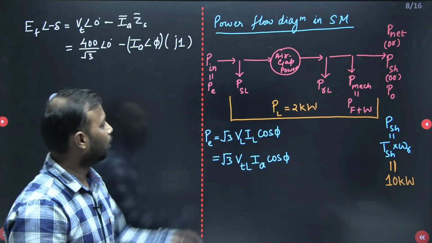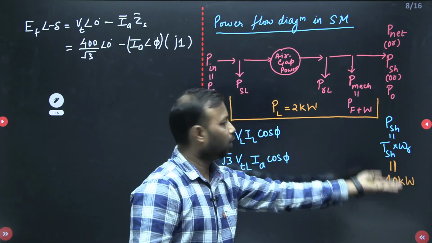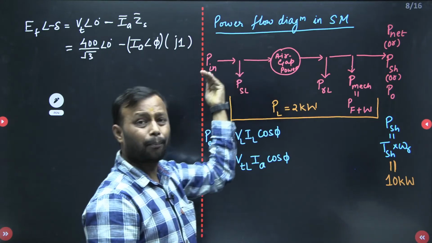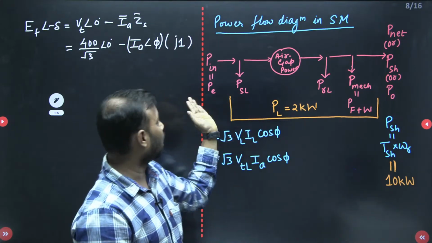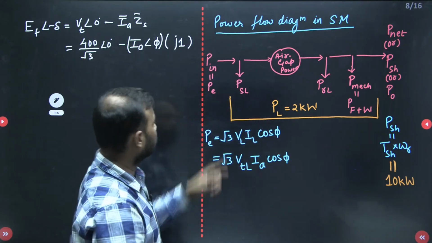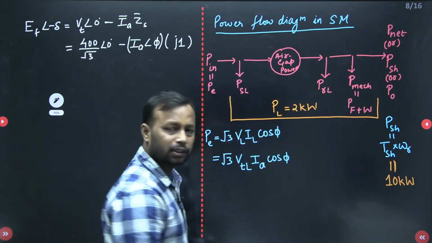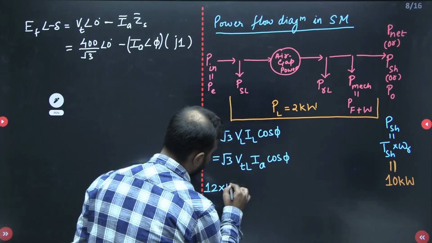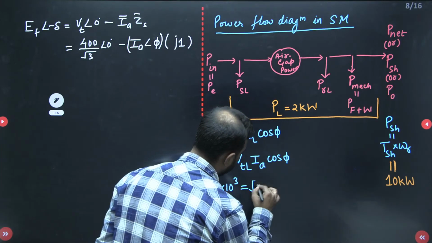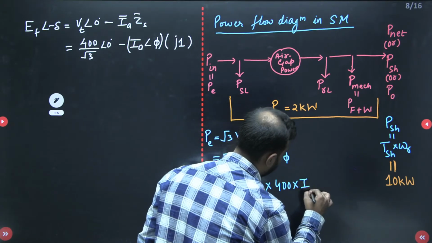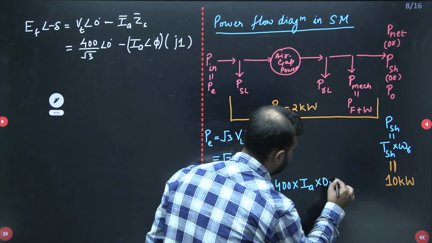When you add this 10 kilowatt and 2 kilowatt, we get the real power transferred from the electrical side. So the total power is 10 plus 2, which is 12. So 12 into 10 to the power 3 is equal to root 3 into VT line, which is 400, IA is unknown, and cos phi is 0.8.